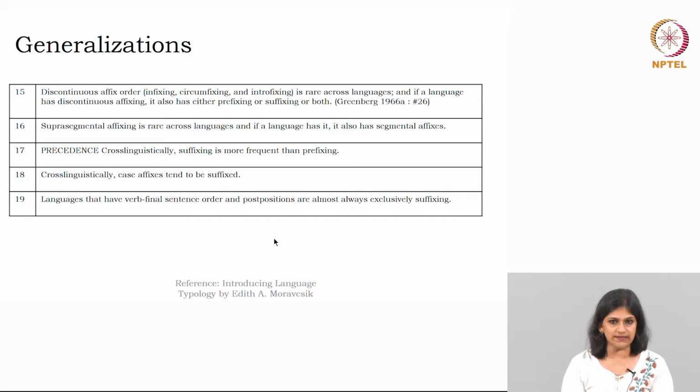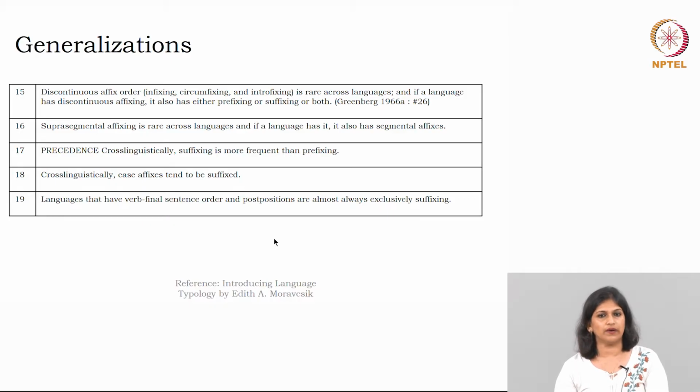So, these are related to the function of individual affixes. And the second factor is the word order type. So, which one is coming before what, or which one is coming after what?